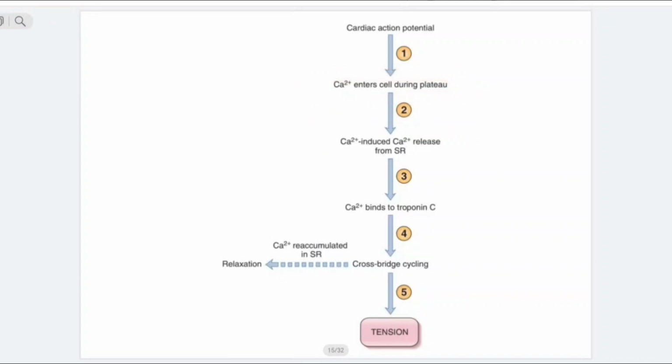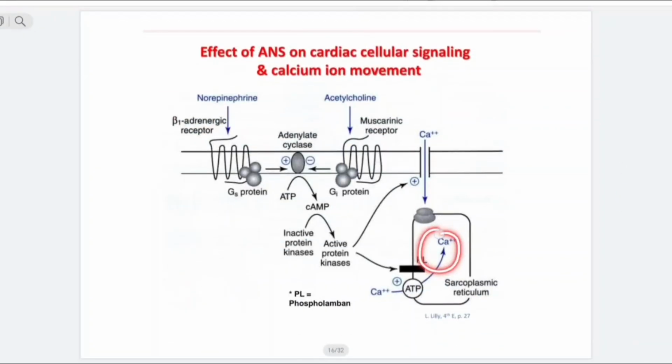The more calcium enters the cell, the stronger the trigger, so more calcium will be released from the SR. Another factor affecting this is the amount of calcium stored in the SR in the first place. If I don't have a lot of calcium already present in the SR, not a lot will be released because I don't have much stored. So two things affect the intracellular calcium concentration: the strength of the trigger and the amount stored inside.